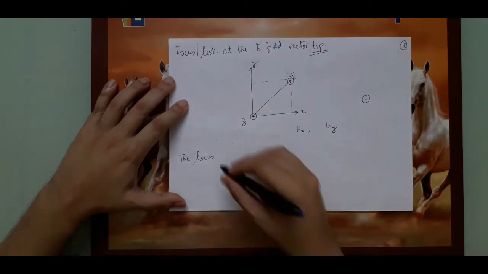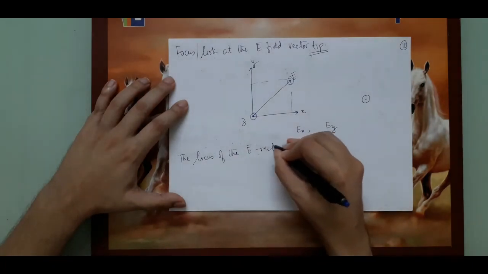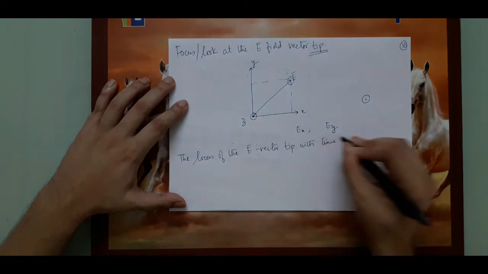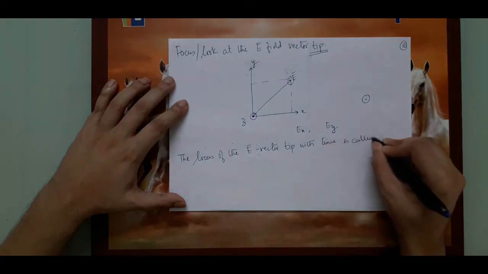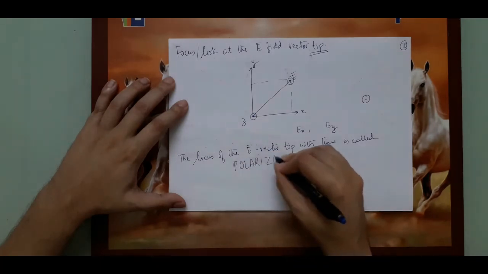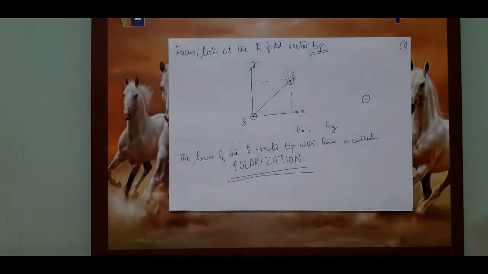The locus of the E vector tip with time is called polarization. That means which way the wave is oriented. That is a very important relation.